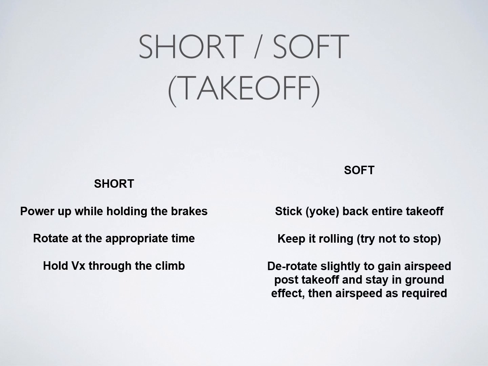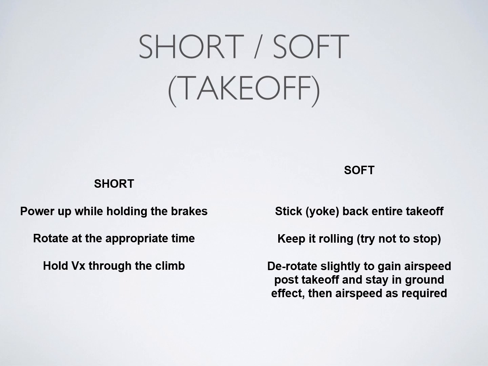For the soft field, you want that stick back through the whole procedure again. So from the taxi to the takeoff, they say in the flight test guide to avoid stopping, so try to keep it rolling. And then once you take off, de-rotate. And what I mean by that is don't push the nose down. It can really startle your instructor or examiner. You don't need to flatline it as soon as you take off.